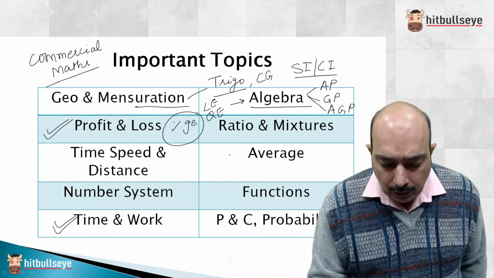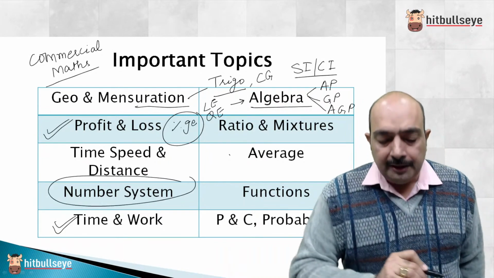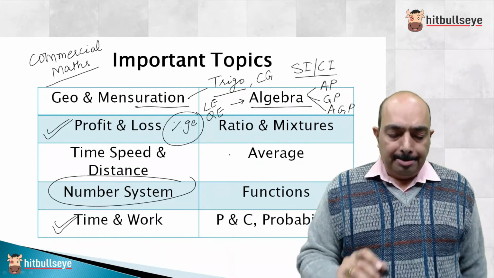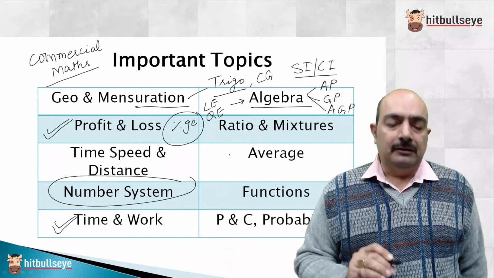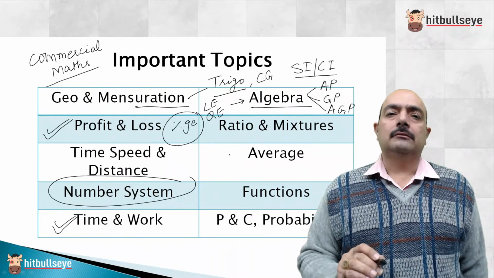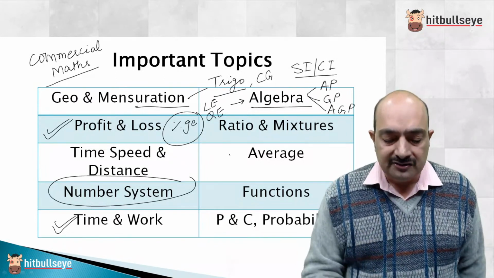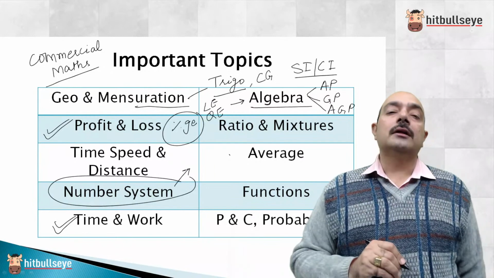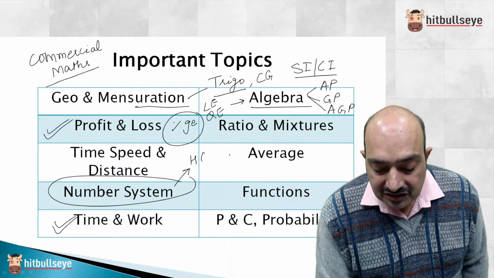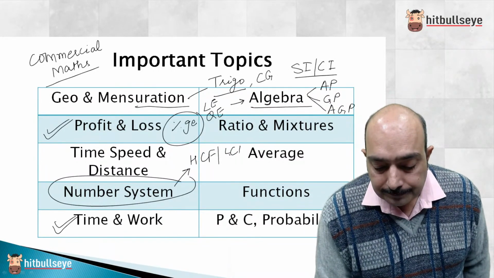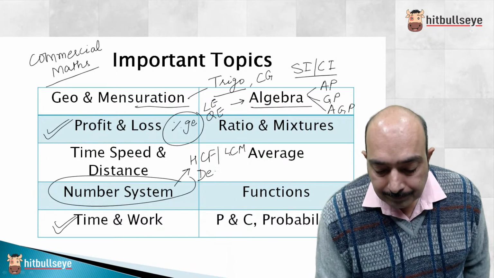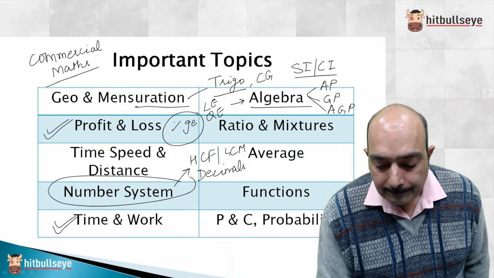So moving on, I'll just talk for a minute on number system. Same fundamental topic, looks small, but believe me, number system is also one of the huge topics because it does not cover just number system. It includes HCF LCM, decimals and fractions as well.